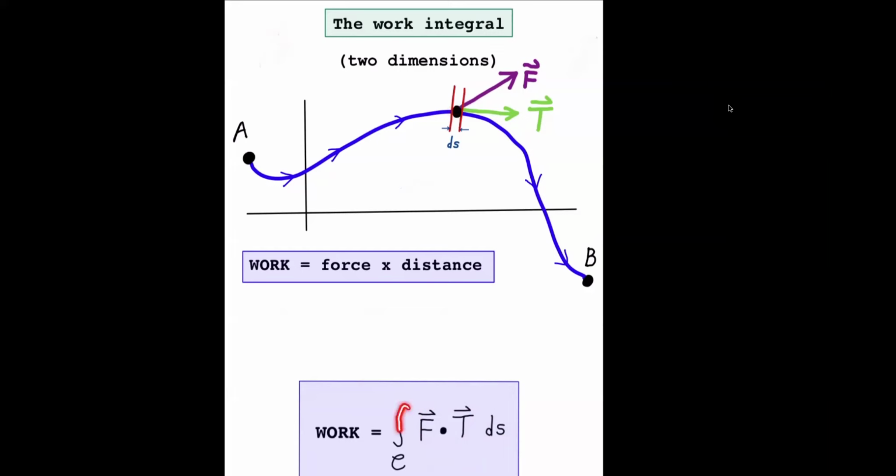When you integrate that and you sum over all the points of the curve, that gives you the overall work. And this is where the work integral comes from. The work can be computed by this integral, the integral of F dotted with T ds, and calculating work is very important in physics and various science applications.